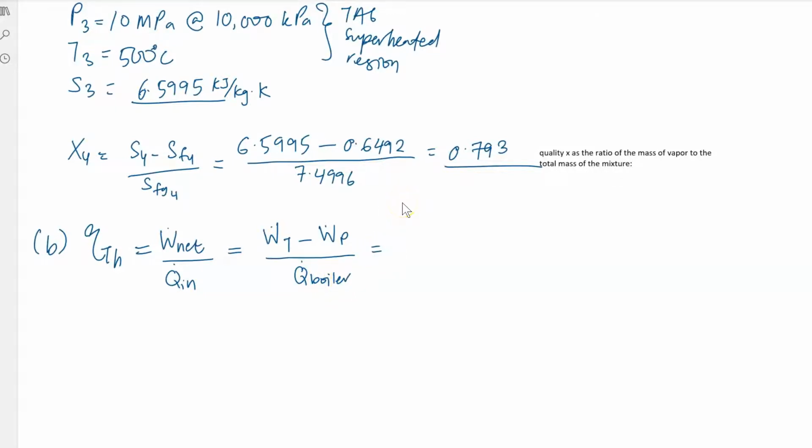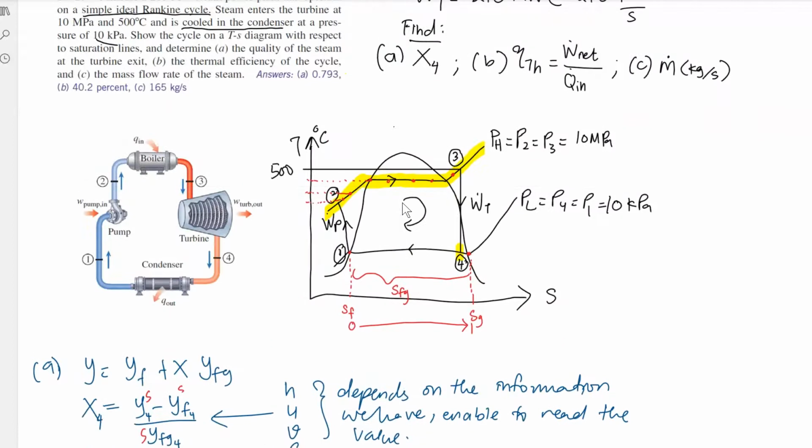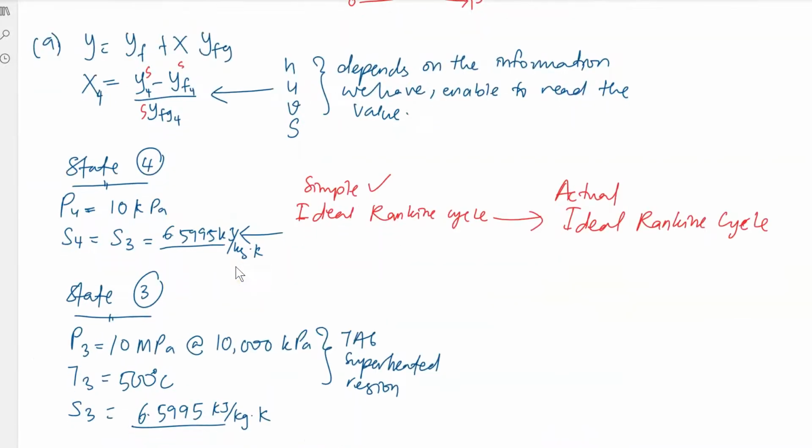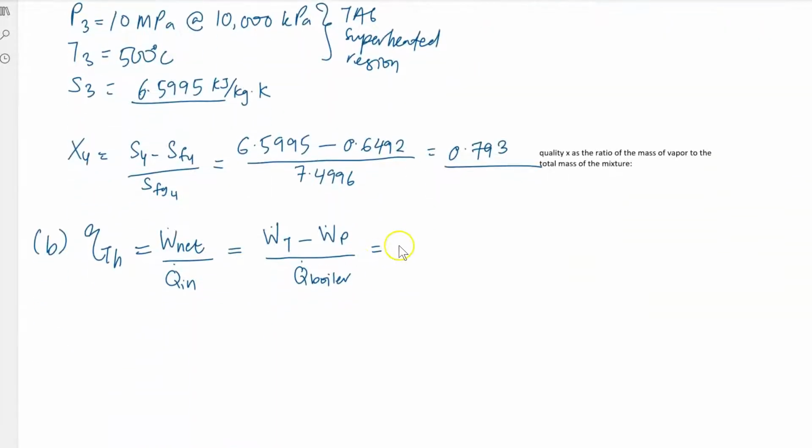When we scroll up here, your turbine is located between state 3 and 4, so the value here is H3 minus H4.